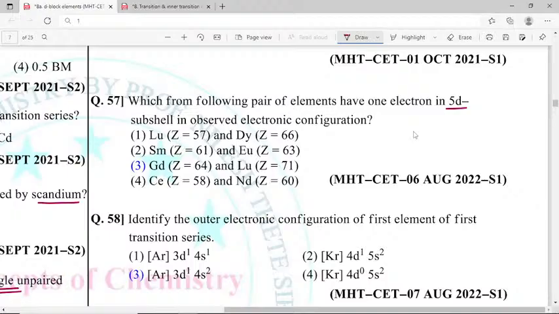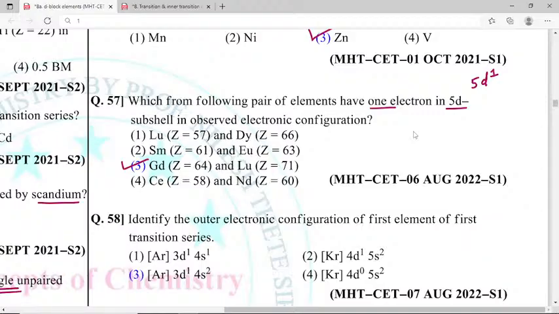Observe electronic configuration, 5d1: gadolinium and lutetium. Actually, this is a question from F block elements.